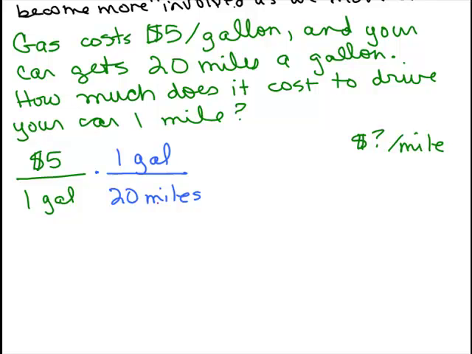And if you do this, note, see how the gallons cancel? It's saying for $5, you get to drive 20 miles, which makes sense, right? $5 a gallon, and you get 20 miles in 1 gallon. So far that should make sense. You pay $5 to go those 20 miles.